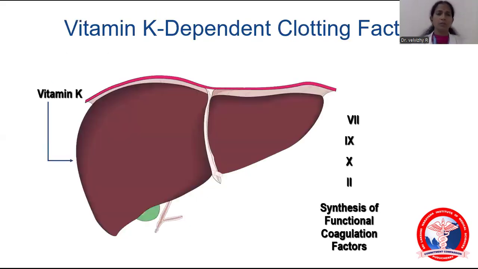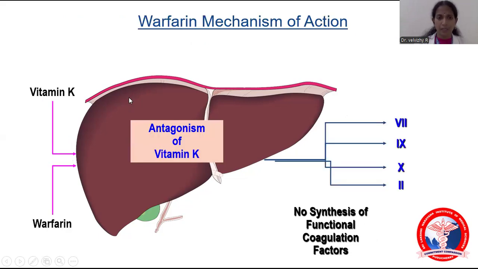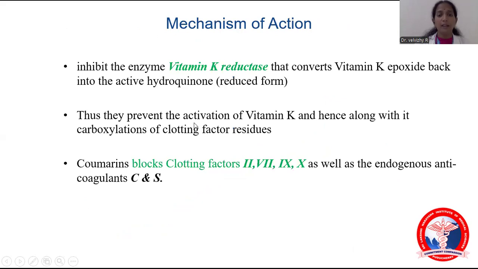Coming to the action of warfarin, if you remember the action of vitamin K, as I told, vitamin K is required for the synthesis of factors 2, 7, 9, 10. So these factors are synthesized with the help of vitamin K. Warfarin is the one which blocks this synthesis by inhibiting the vitamin K reductase enzyme.